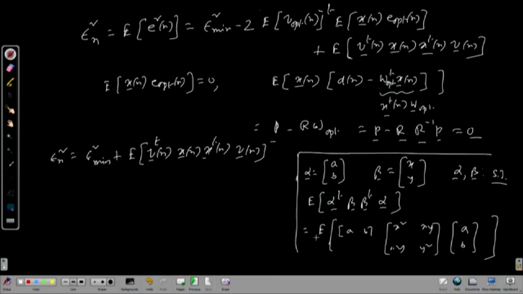On that if you apply expectation, because alpha and beta are statistically independent, E will get separated.